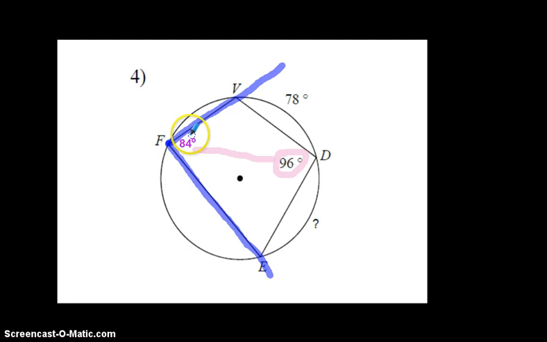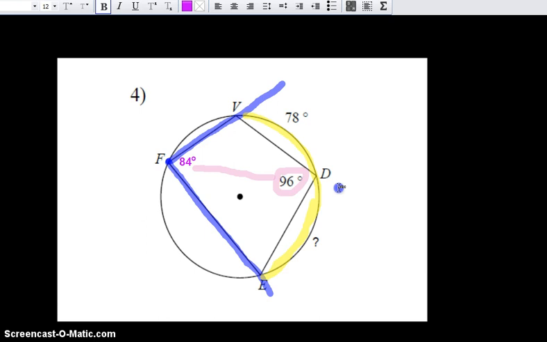It measures 84 degrees. It's an inscribed angle, so that means that the arc it intercepts, which in this case goes from V around to E, has to measure twice as much as 84. The angle is half the arc. Well, twice as much as 84 is 168.